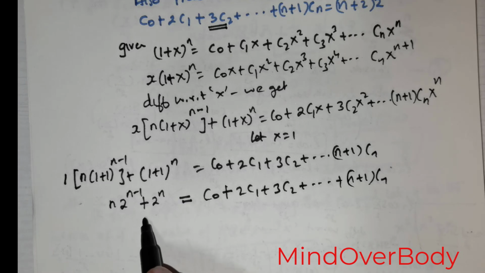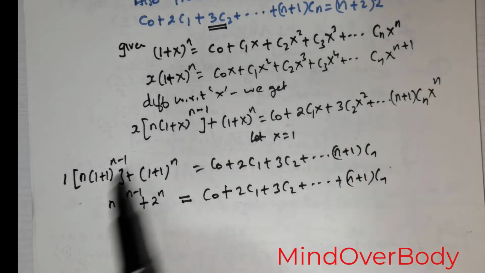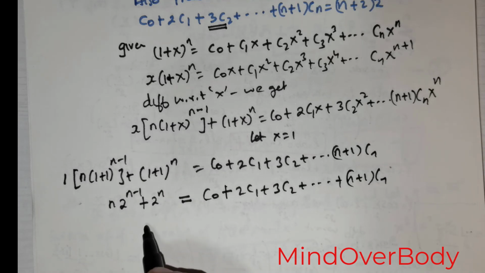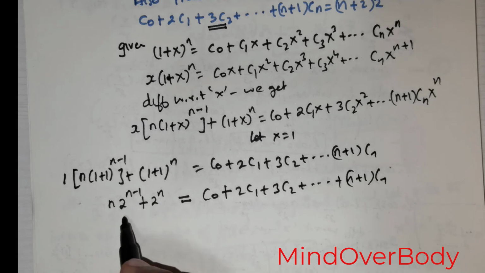Now what I wish to do is I need to get this n+2. So to get that n+2, if I were to take 2^(n-1) out, I would get an n here.